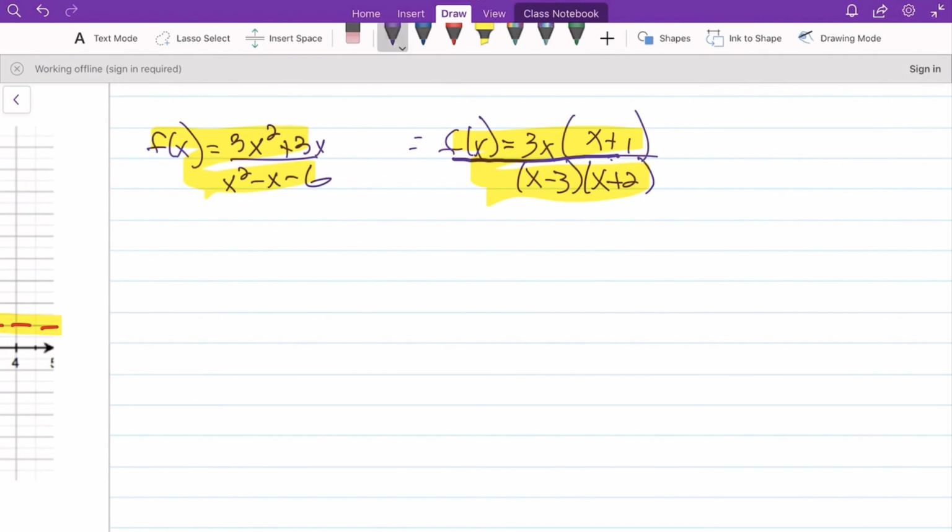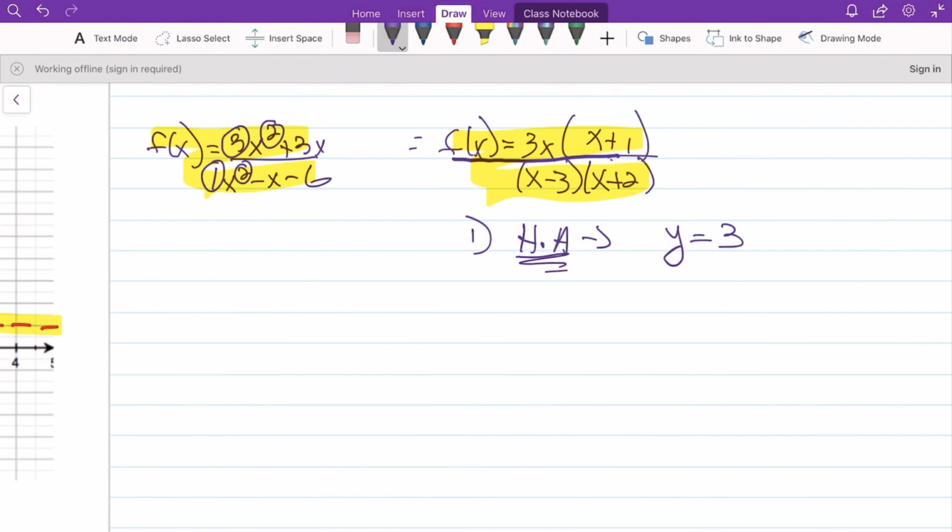So the first thing you need to do is figure out what your horizontal asymptote would be. And since both of the degrees for the numerator and the denominator are the same, you're going to look at the lead coefficient over the lead coefficient. So my horizontal asymptote would be 3. All right.